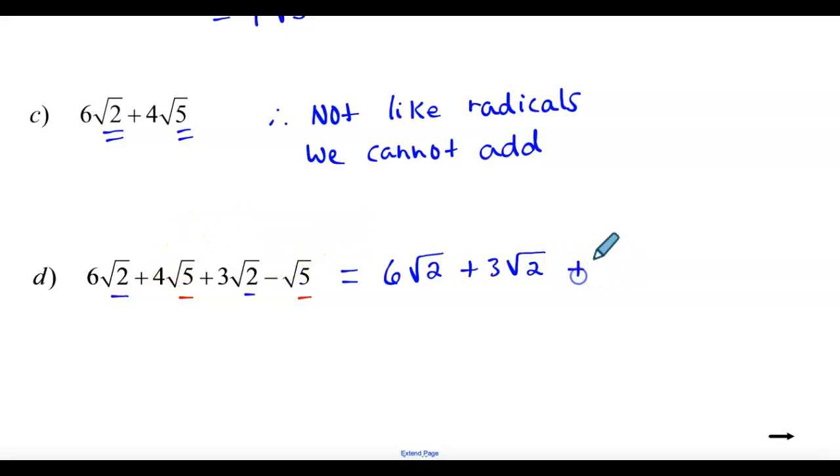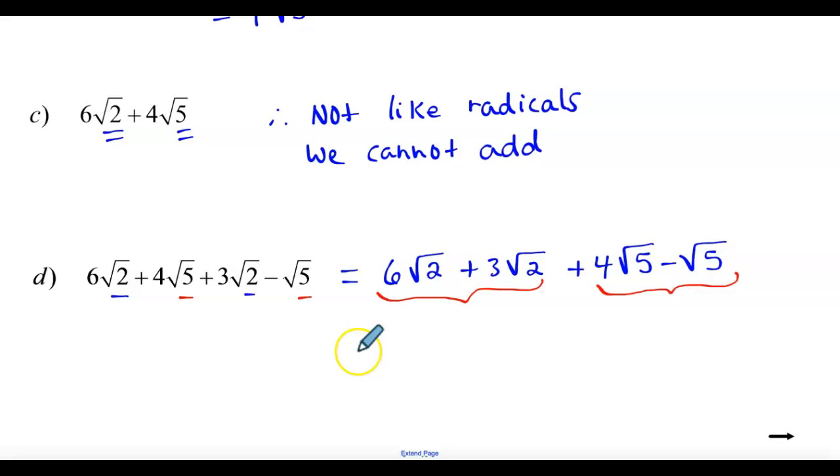So let's write plus 4 times the square root of 5, and don't forget the sign, minus the square root of 5. So now I can go ahead and add these two together, and add these two together.